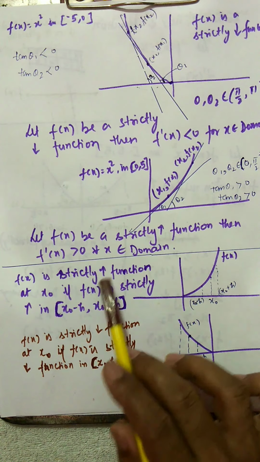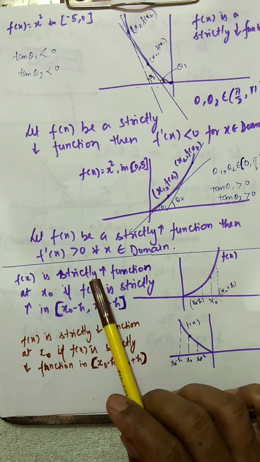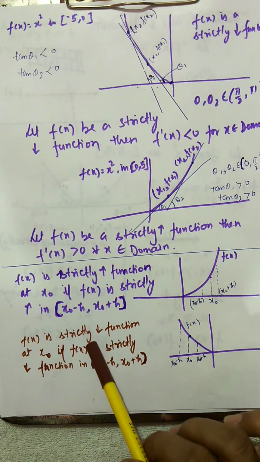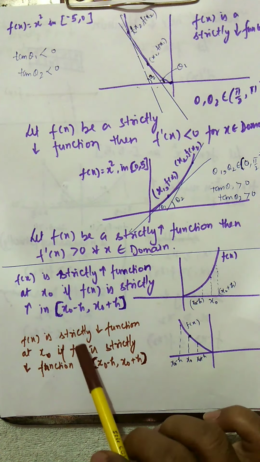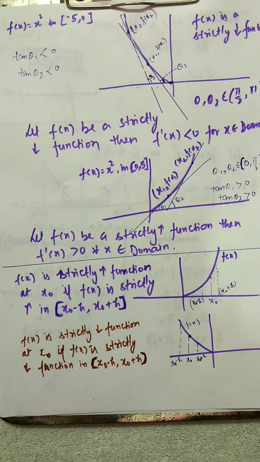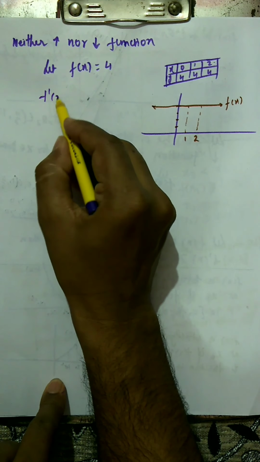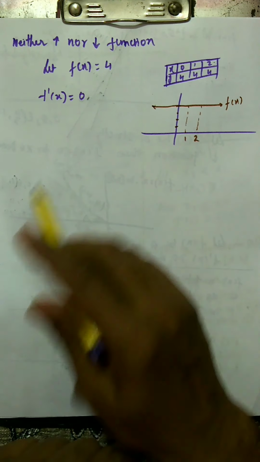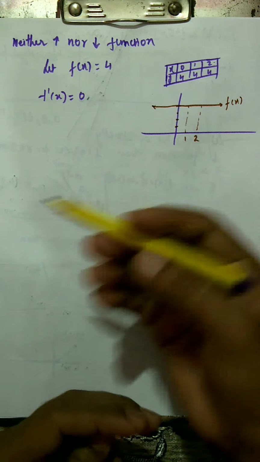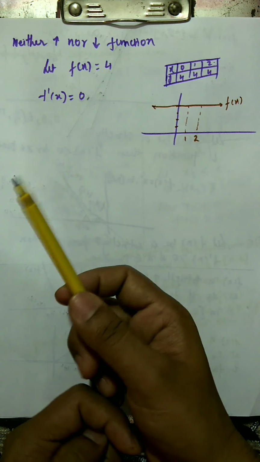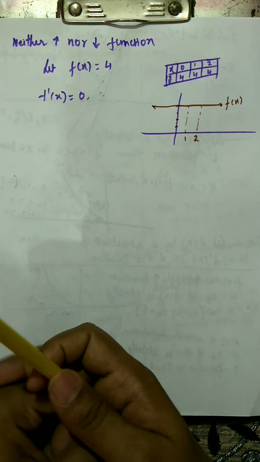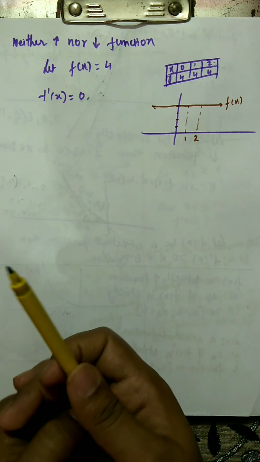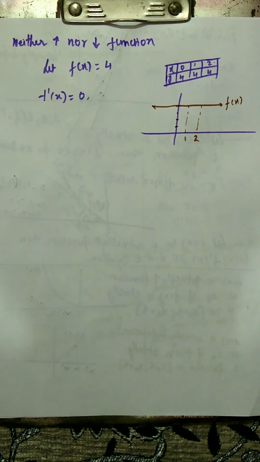So this is the definition of an increasing function at a point, and this is the definition of a decreasing function at a given point. If I take the derivative and f dash x equals 0, then you can say the function is neither increasing nor decreasing.